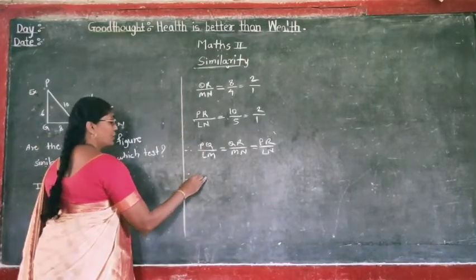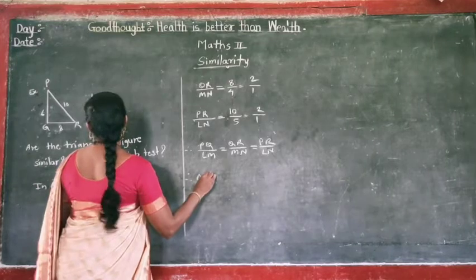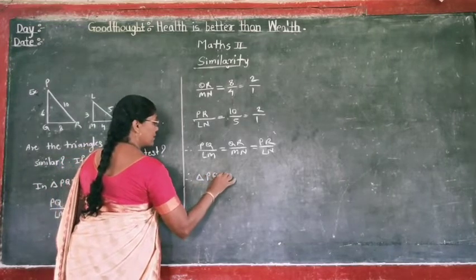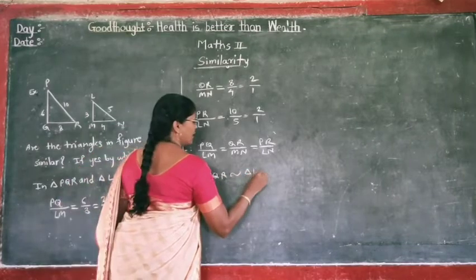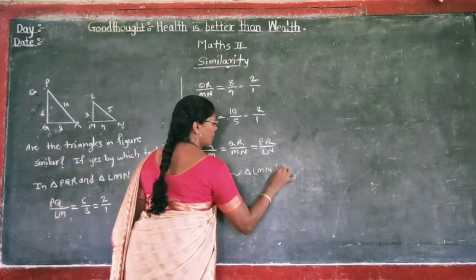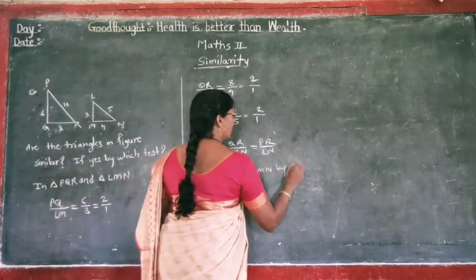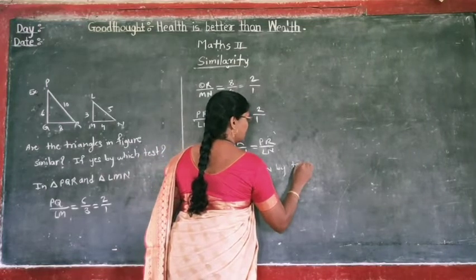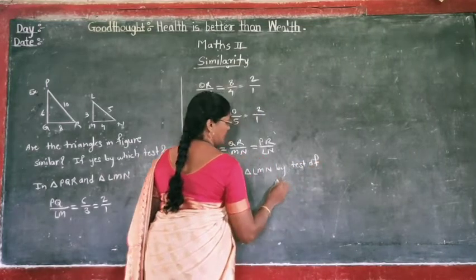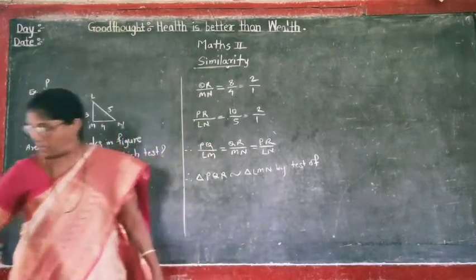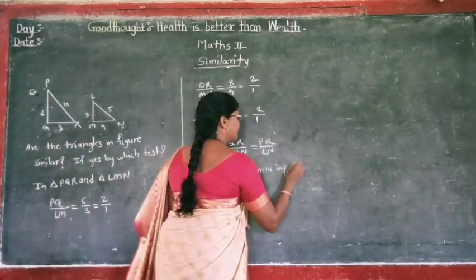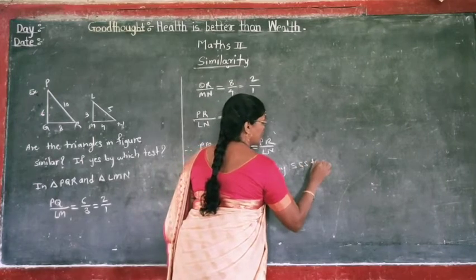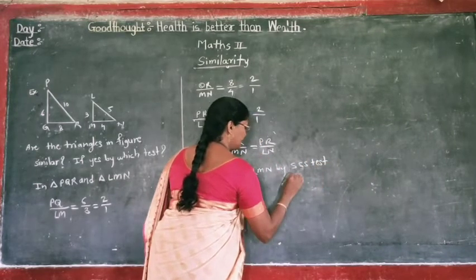And therefore, triangle PQR is similar with triangle LMN by SSS test of similarity.